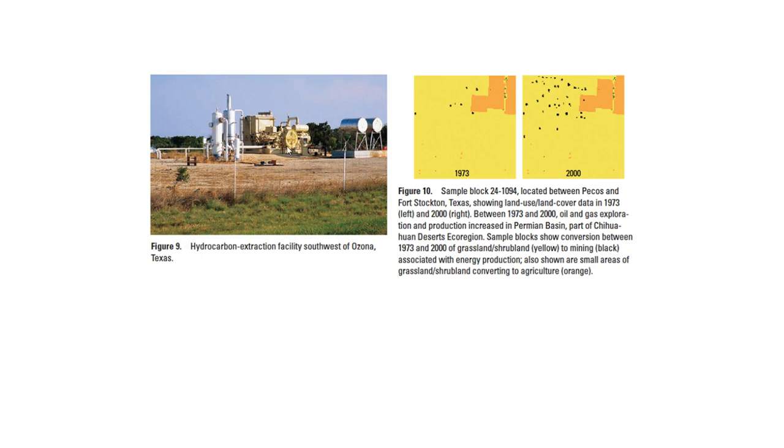Again, it can't pick up the actual items on the pad itself. It can't pick up the drill wells and the infrastructure on the pad, but it can sense out that there's a change in the landscape or change in the geography from the pad structure itself to what's right outside of it. So the yellow is this grassland, shrubland, and then the mining is this black color.